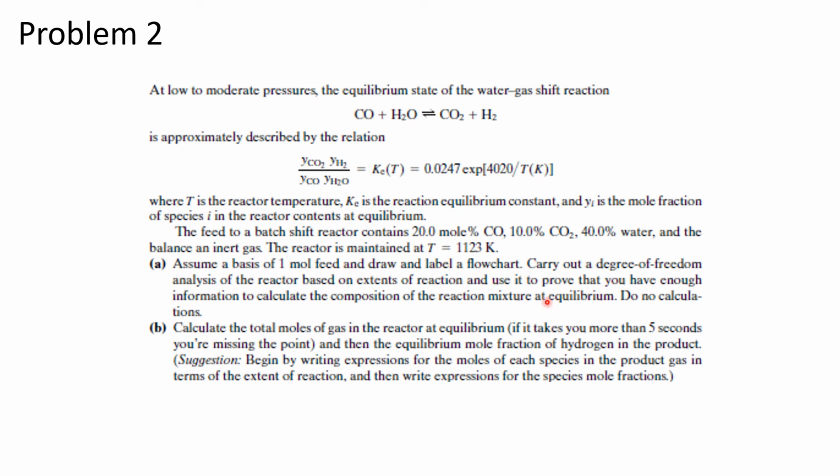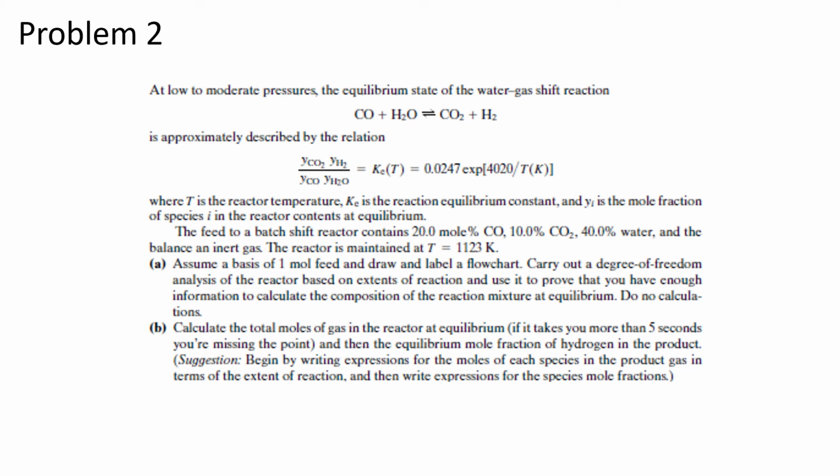Then carry out a degree of freedom analysis based upon balances using extent of reaction. What you should be able to prove is that you have enough information to solve for the composition and flows of the product that comes out of this batch reactor. And then after that, we're going to actually do the calculations.